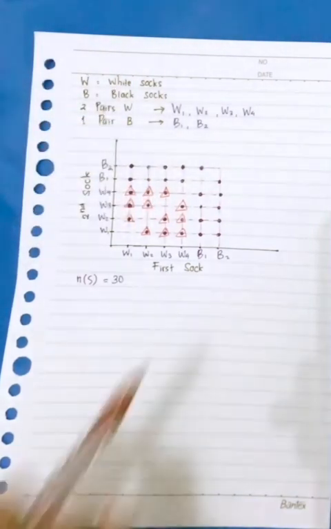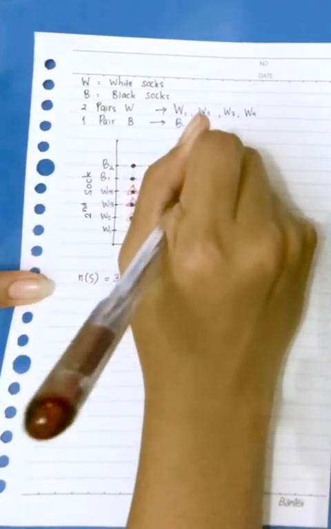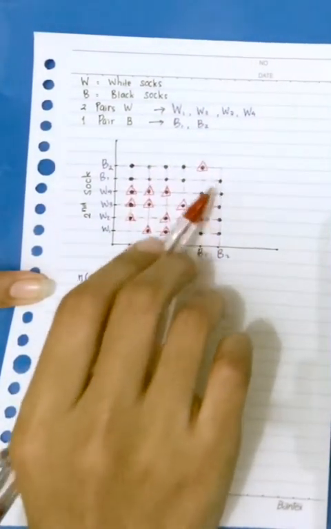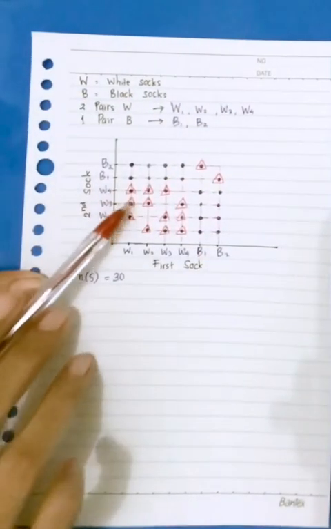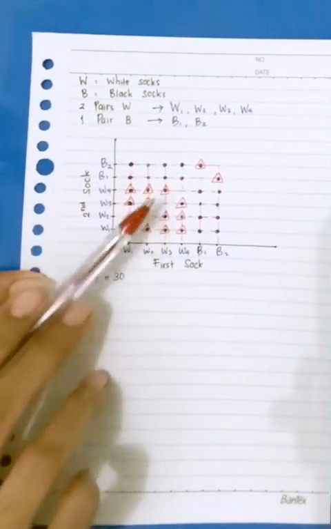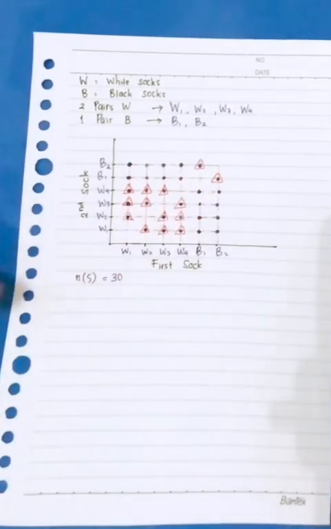So now let's see for black, black and black here, black and black here. So the total is 1, 2, 3, 4, 5, 6, 7, 8, 9, 10, 11, 12, 13, 14. 14, right?